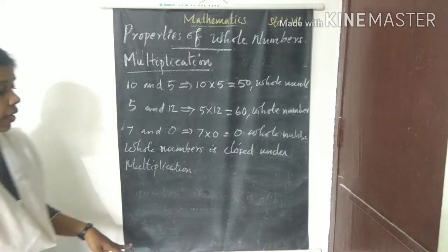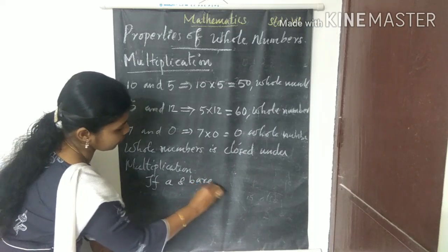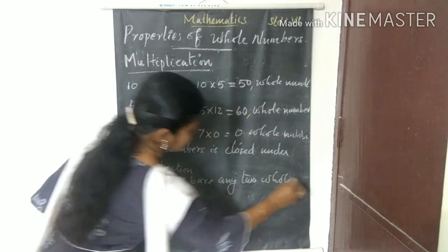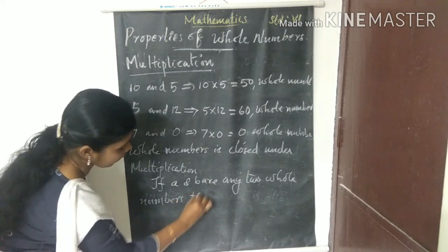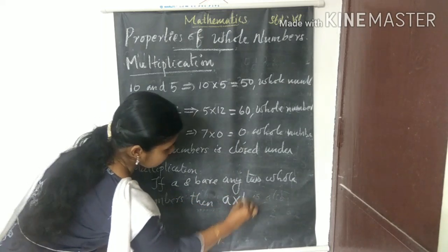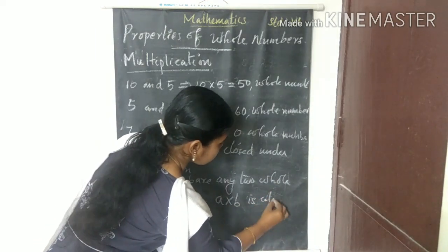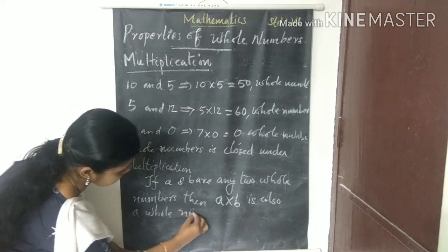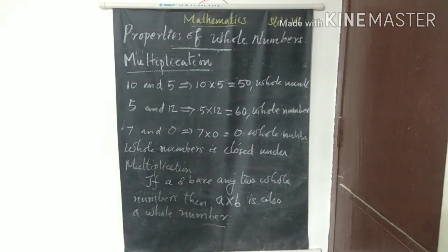So we can say that if A and B are any two whole numbers, then A into B is also a whole number. Yes, that means whole numbers are closed under multiplication.